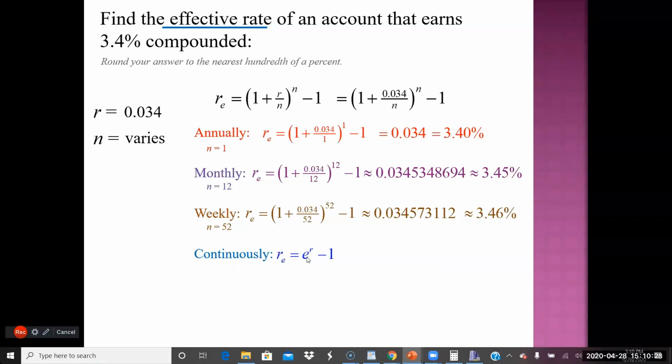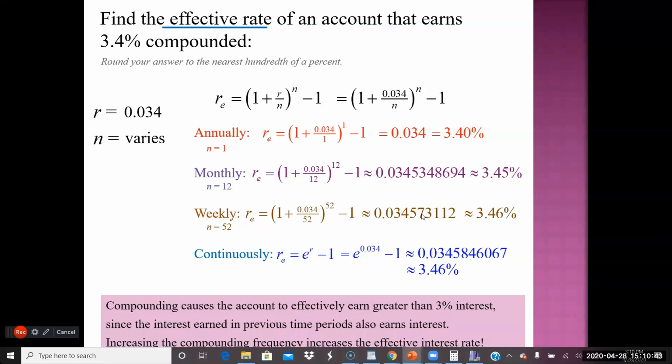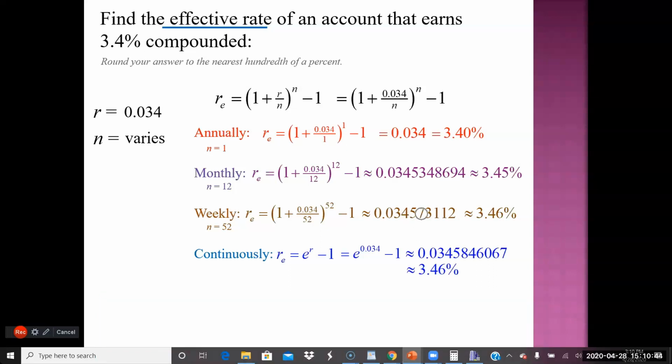So we have e to the r minus 1. So r is 0.034, minus 1, and then plug it in, and there you go. So that's going to be a little bit higher. We had a 7 here, we have an 8 there, but it's almost the same. But still, continuously, maybe in pennies, will give you just a touch more.